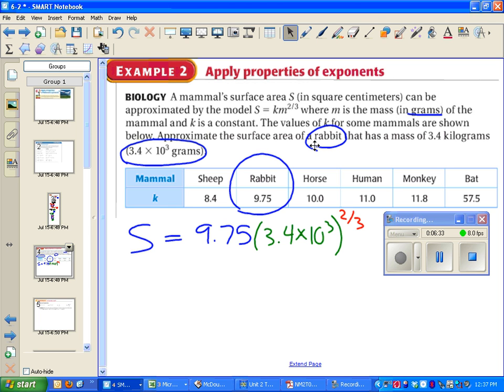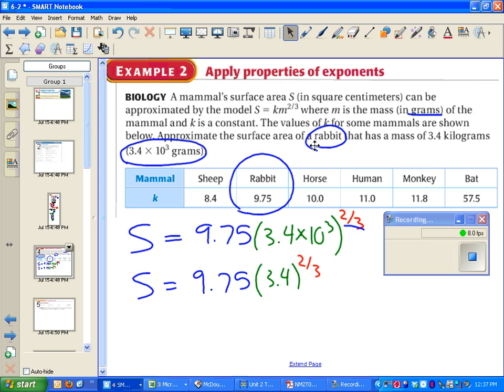So we have 9.75. I'm going to split the 2/3 power up, so we're going to have 3.4 to the 2/3 power times 10 cubed to the 2/3 power.